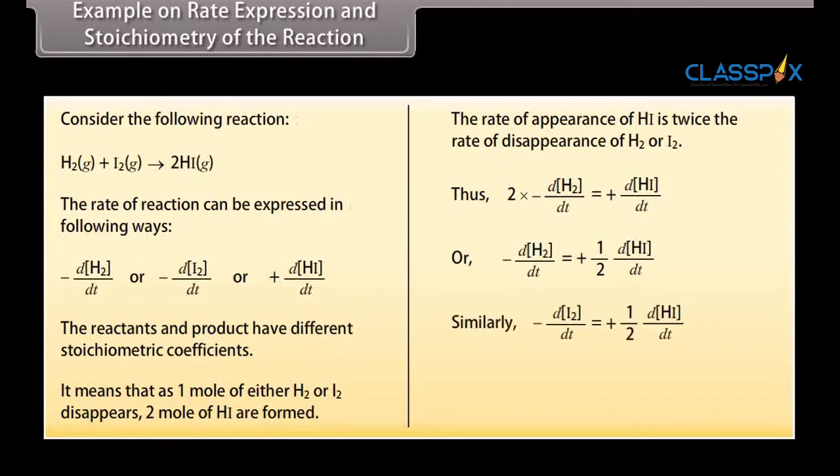Similarly, minus d[I2]/dt is equal to plus 1/2 d[HI]/dt. Therefore, minus d[H2]/dt is equal to minus d[I2]/dt is equal to plus 1/2 d[HI]/dt.